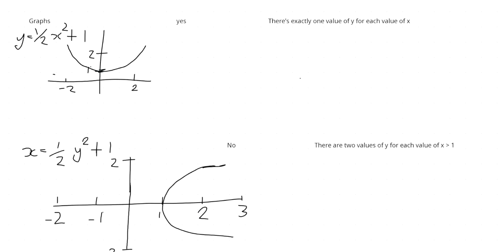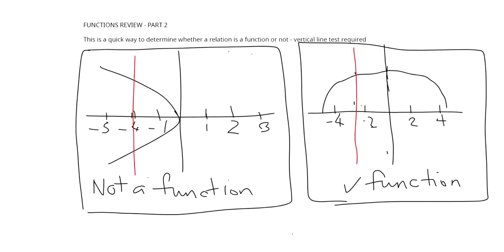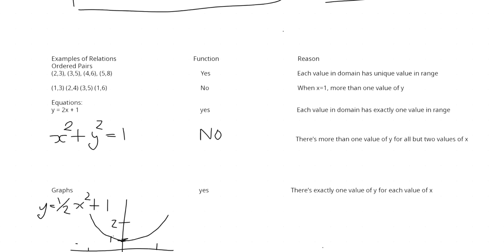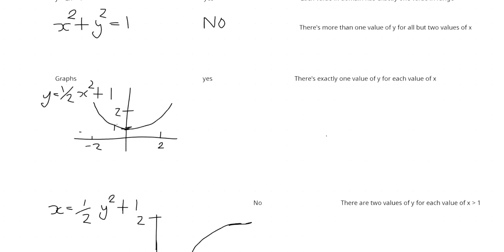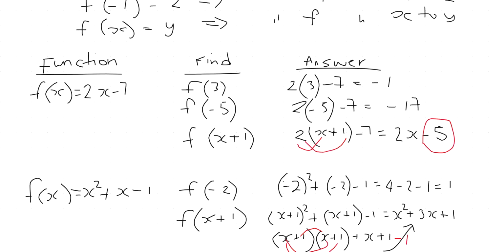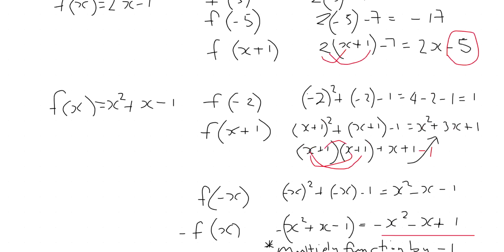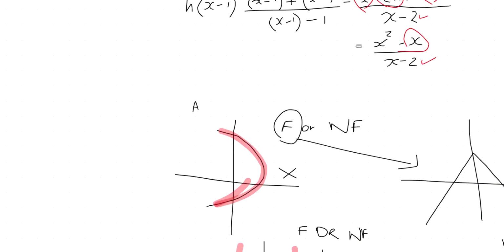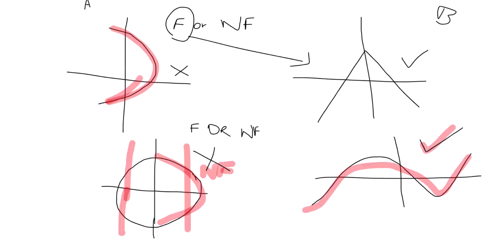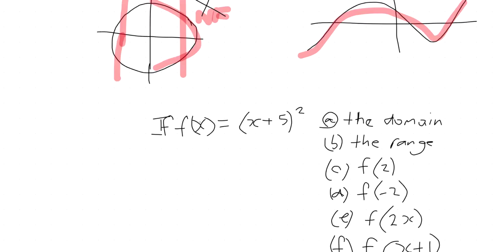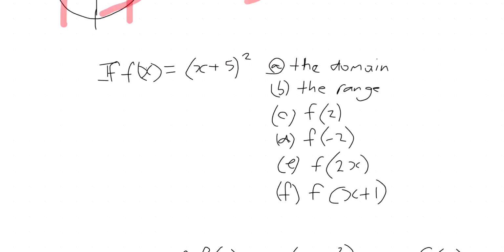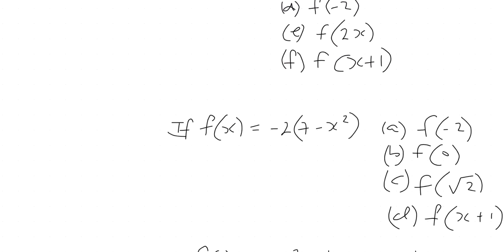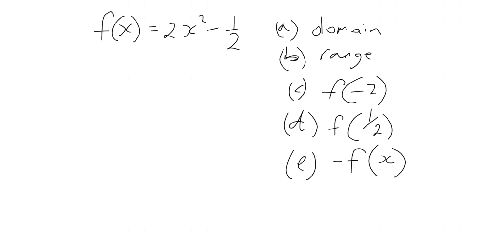We talked about the ordered pairs, the equations, the graphs. We reviewed the functions, how to solve them, and to substitute the values. Then we talked about identifying functions in graphs. We also talked about solving them, and we have a few examples here, and that's it. And I hope it has been helpful.